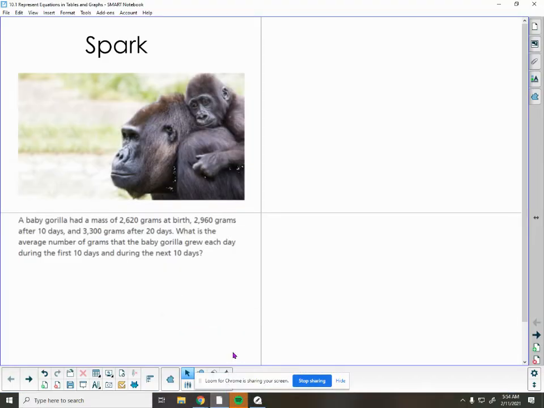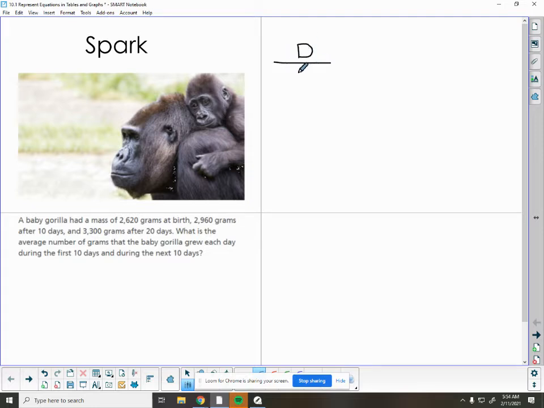So I know that the baby gorilla weighed this much when it was born, this much after 10 days, and this much after 20 days. First, I need to know how much it is growing every day. So let's start with our days.